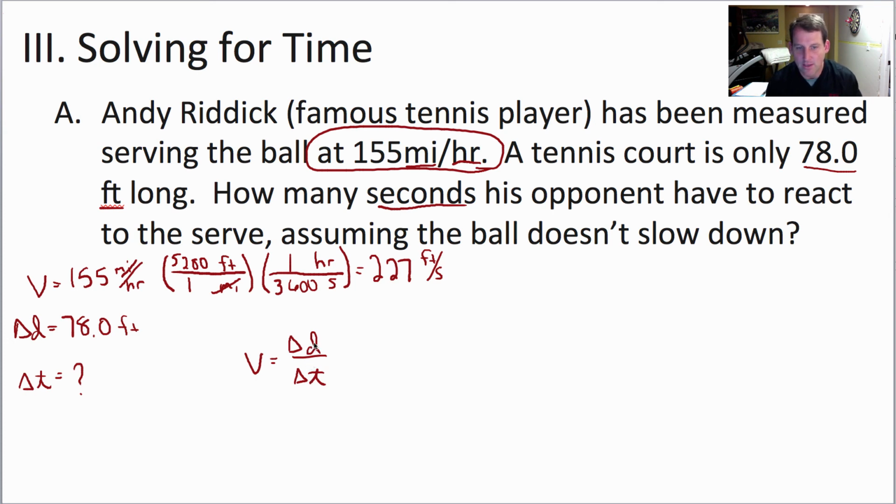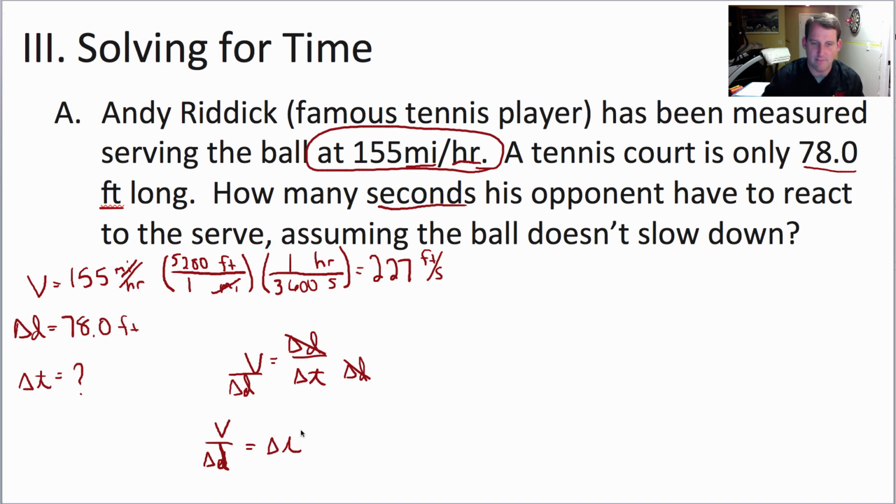They say, I need to get rid of the D to get T by itself, so they put a D down here and divide this side by change in D. They cancel out the D's, and they say V over delta D is equal to delta T. The problem with this technique is notice how T was in the denominator at the bottom of the fraction, and now suddenly it's in the numerator. You can't just suddenly make that flip happen.